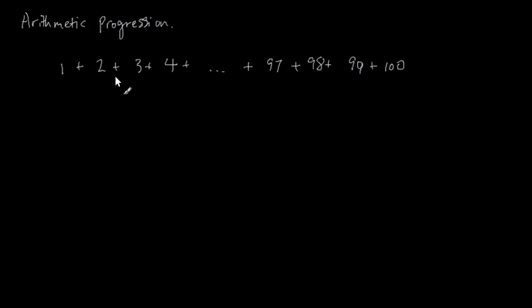I can use a calculator, but that might take a long time, right? Maybe all day. Is there a faster method? Okay, indeed there is. Now let's see if we can find some kind of a pattern to help us.